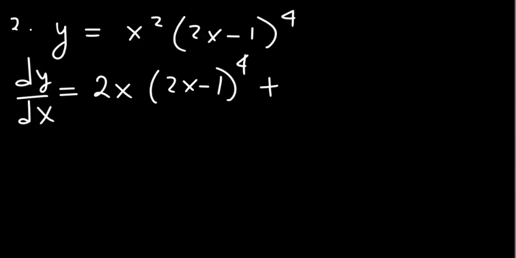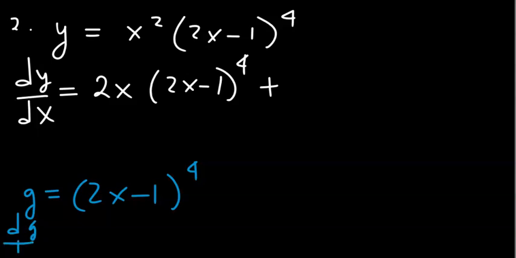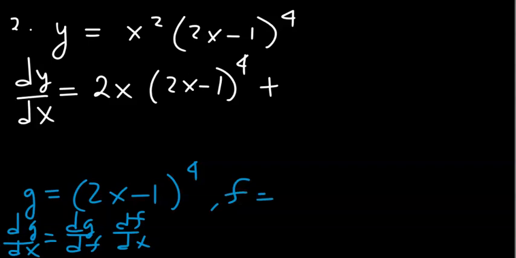So how do we do that? Let's assume g equals (2x minus 1) to the power 4. So dg/dx is dg/df times df/dx, where f can be taken to be the term in the bracket, 2x minus 1. In terms of f, g will simply become f to the power 4.